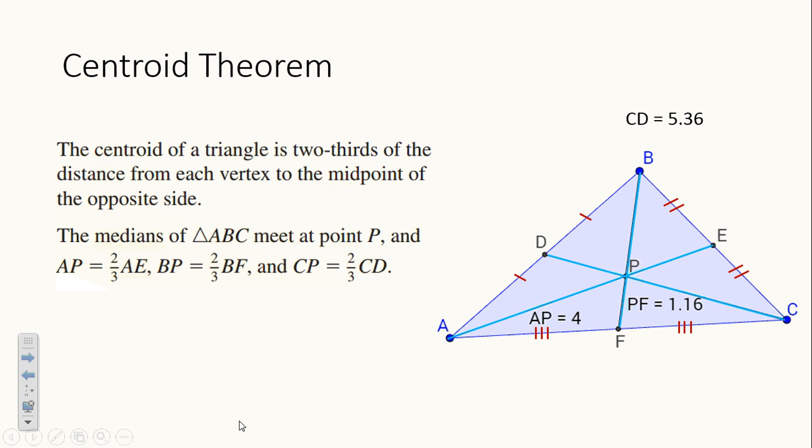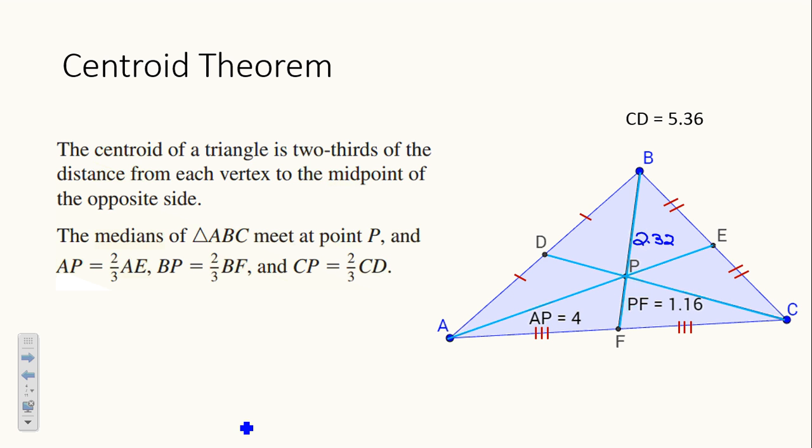It turns out that PF is half as big as PB. It's the 2/3 of the distance of the whole thing. So this one is half of this one. So if PF is 1.16, how far is it from P to B? 2.32.